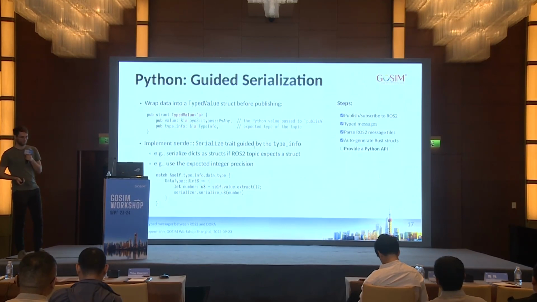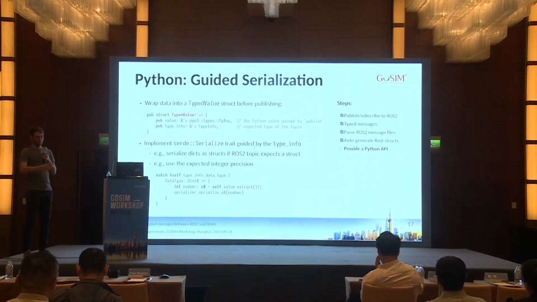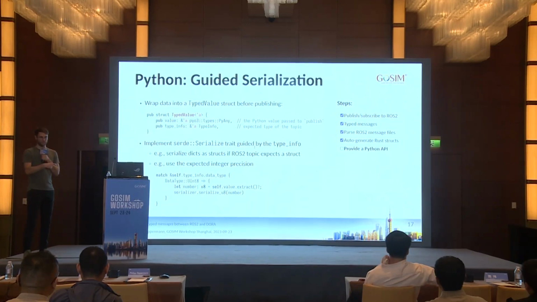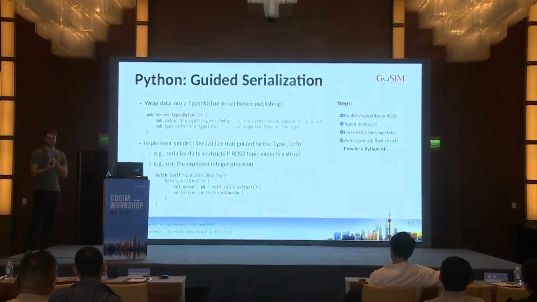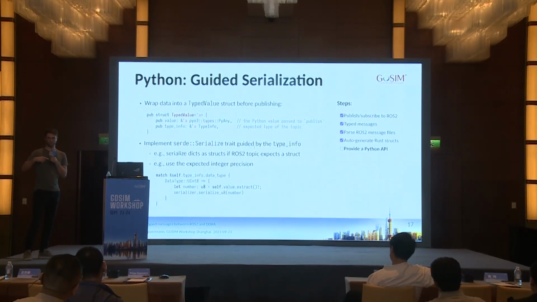So let's do it in a bit more detail to make it clearer. We wrap the value that we receive from the Python publish function in a new type, value struct. This struct has two fields. Value is the value that we got from Python, and type info is the type information that we got from parsing the ROS2 message files.